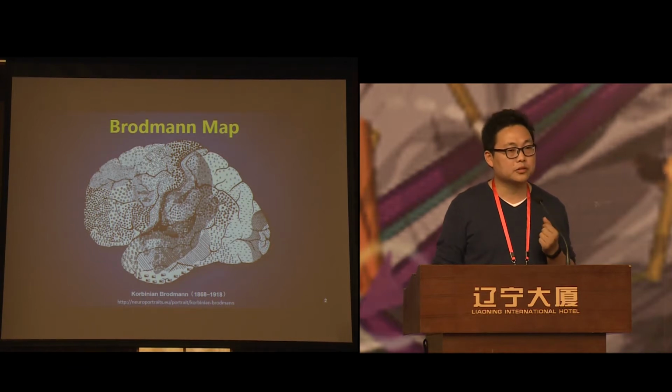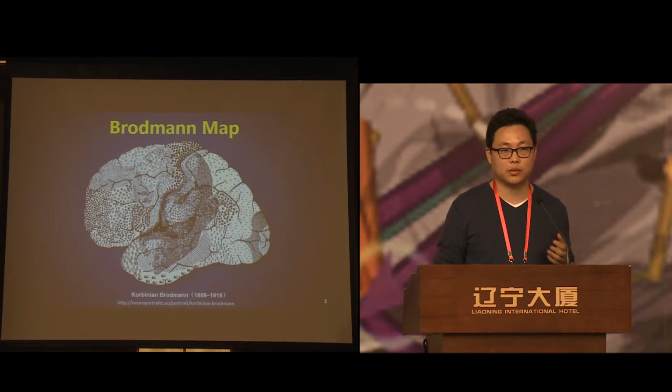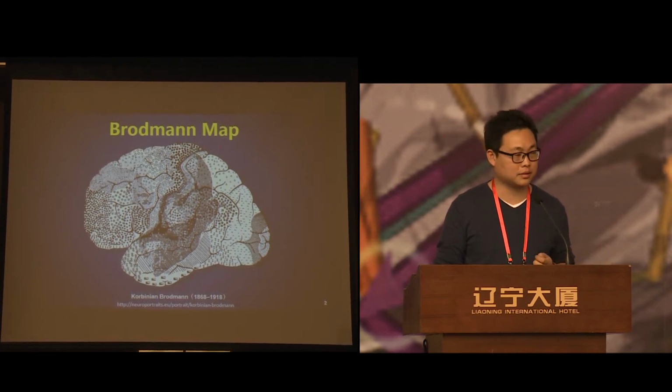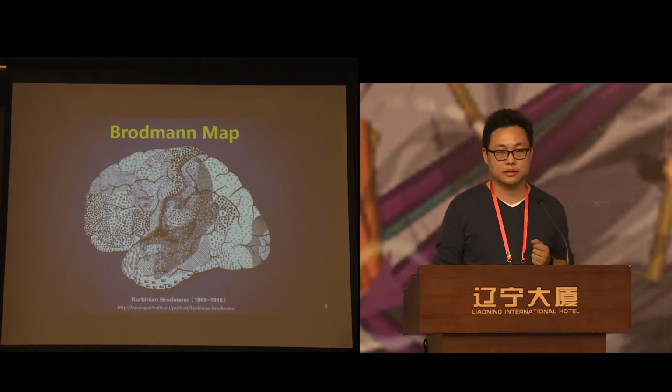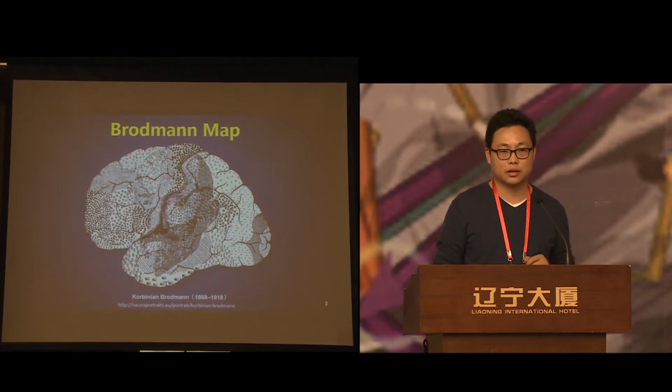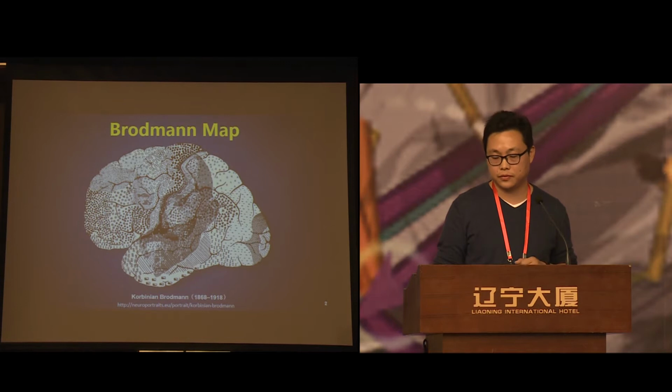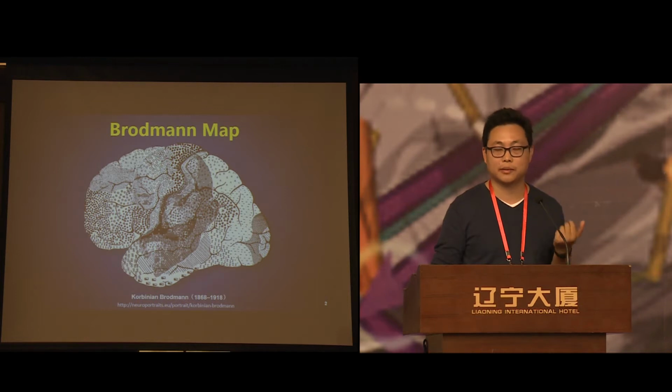So the atlas will not only tell us where the region is, it should give us more information, like the functional. Also, there is lots of other information, like what the connection is, what the development is, the four-dimensional information from this atlas.